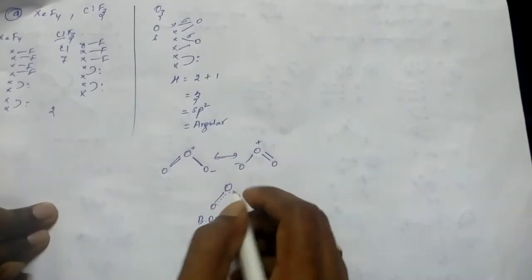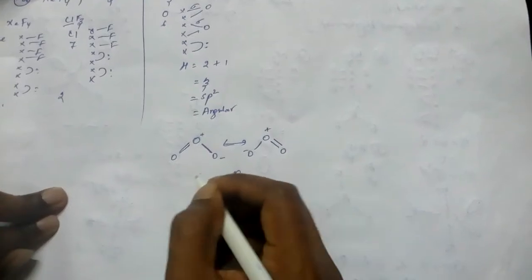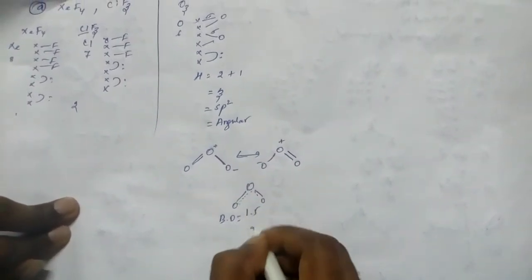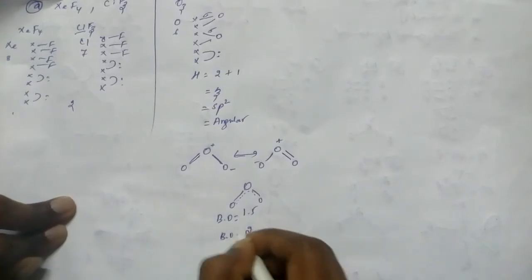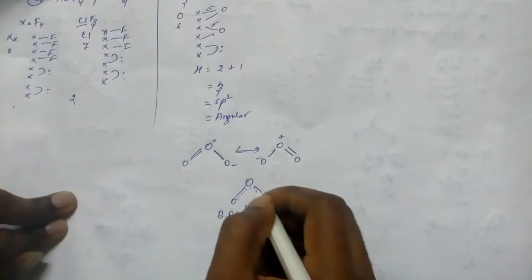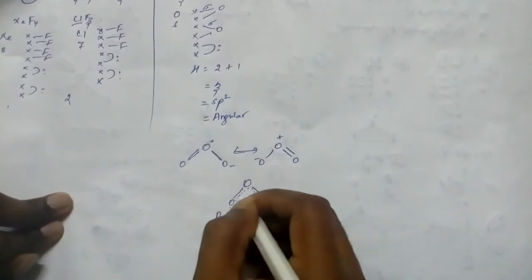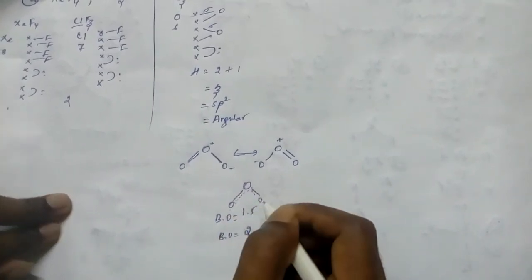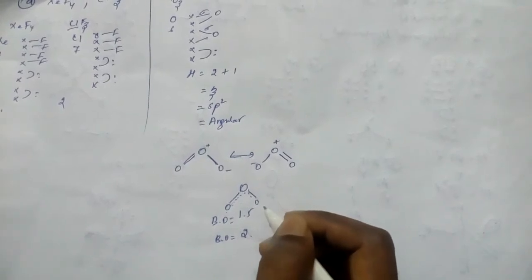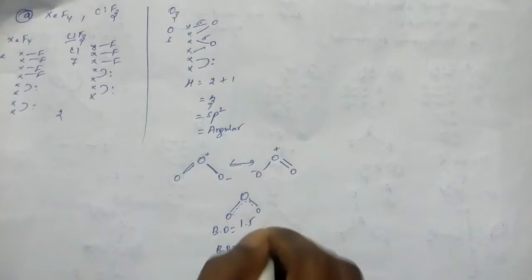That is not a complete single bond, nor a complete double bond. If the bond is a double bond, the bond order is 2, but here the bond order is 1.5. The bond length is also the same for these oxygen bonds. So the answer is 2 sigma bonds and 1 pi bond.